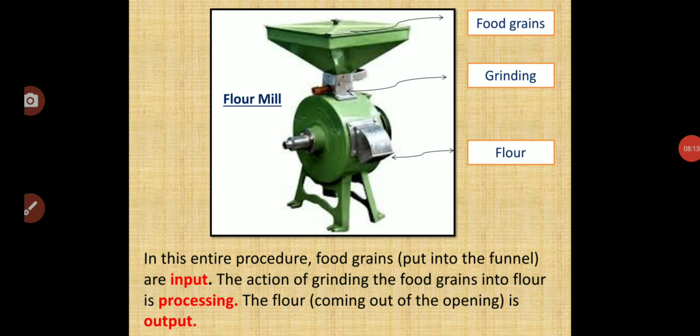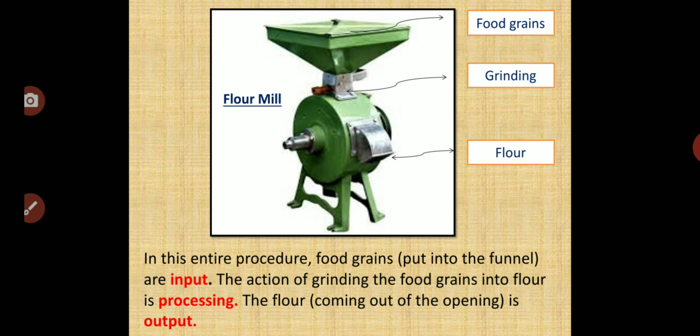The action of grinding the food grain into flour is processing, and the flour coming out of the opening is output. While seeing the diagram of the flour mill, you will easily understand how it works.